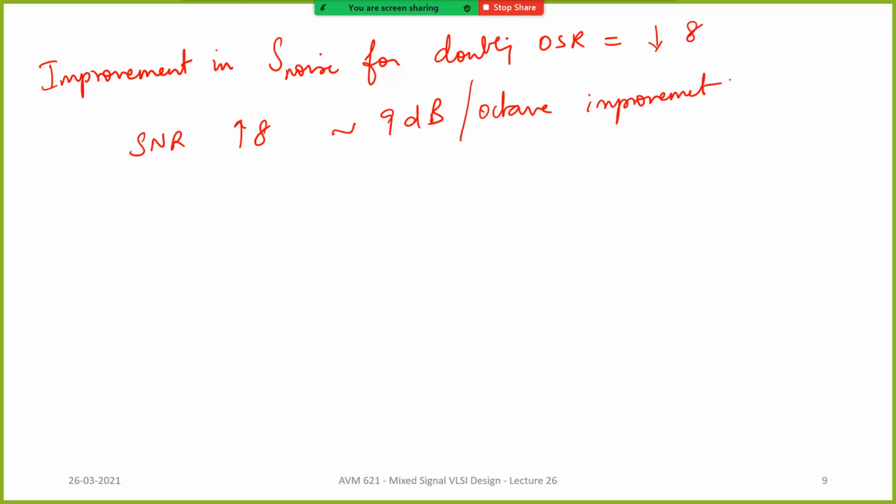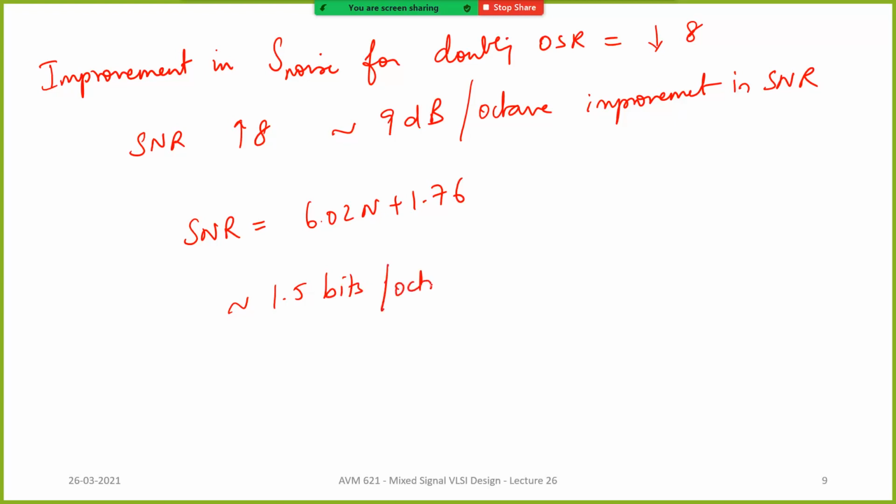And this corresponds to how much? SNR corresponds to 6.02 N plus 1.76. So if you have a 9 dB improvement, what does it mean? That is like saying a 1.5 bits improvement in resolution. Let's say you have OSR 1 and OSR 2, OSR is 16 in one case and 32 in the other.